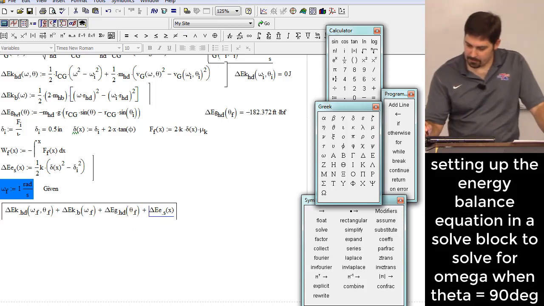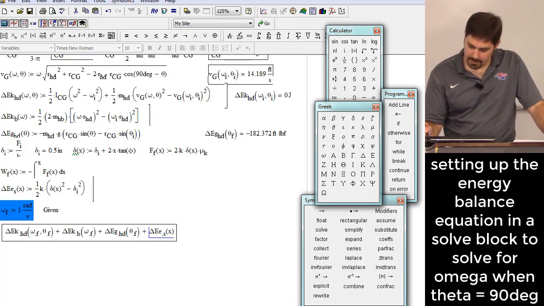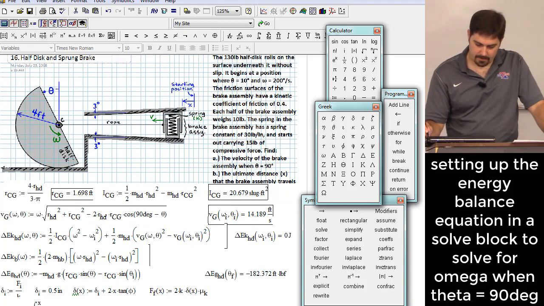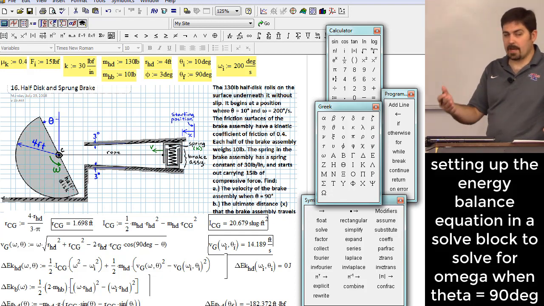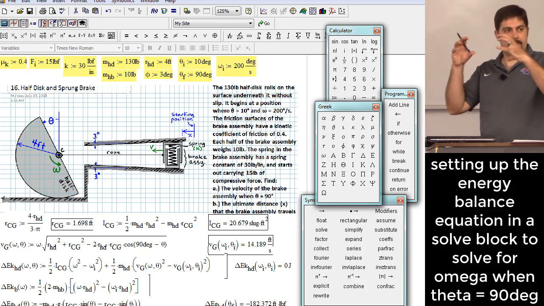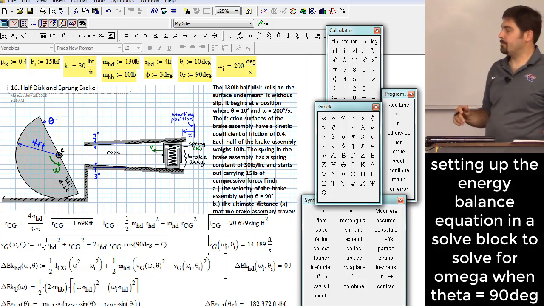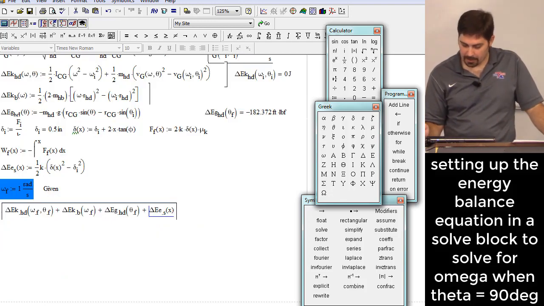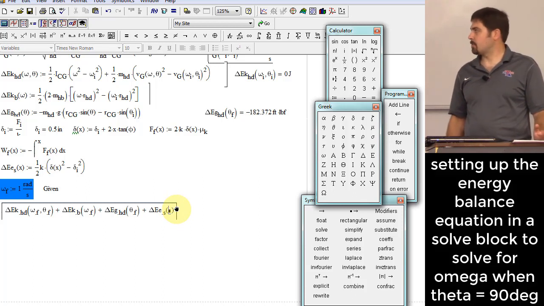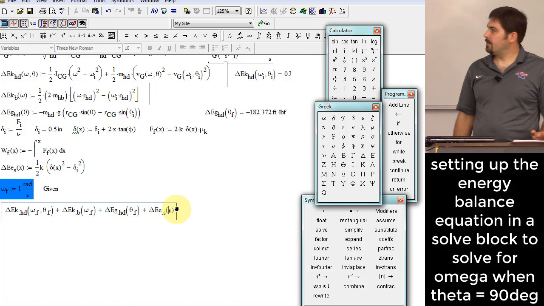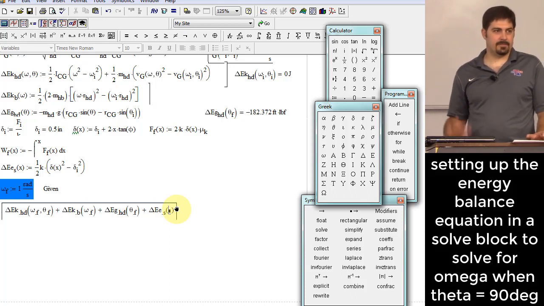Okay, think of how this thing moves, right? If you have a difference in theta, you take that difference in theta and multiply it by the radius of that half disk, that's how far point C moves, right? Because you're using theta in radians, right? As theta moves, that's how far it will make that center point move. And so what I'll do here is rather than put X in here, I'll do a little calculation just right on the spot that turns a theta value into an X value.